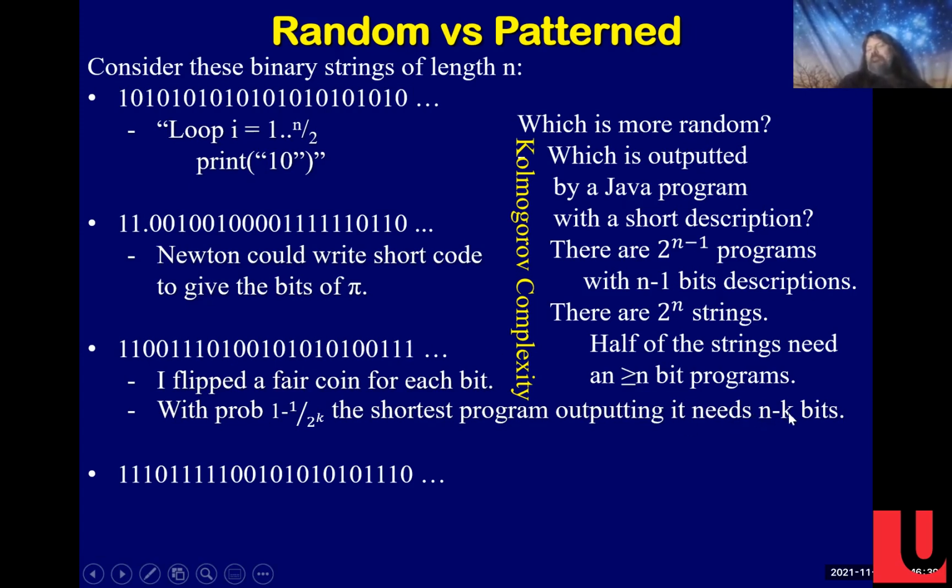But can it be described by n-k bits? Is there a Java program with n-k bits that can output it? And the probability that happens is exponentially close to 1, that it needs at least this many bits. So almost for sure, you're going to need almost all n bits.